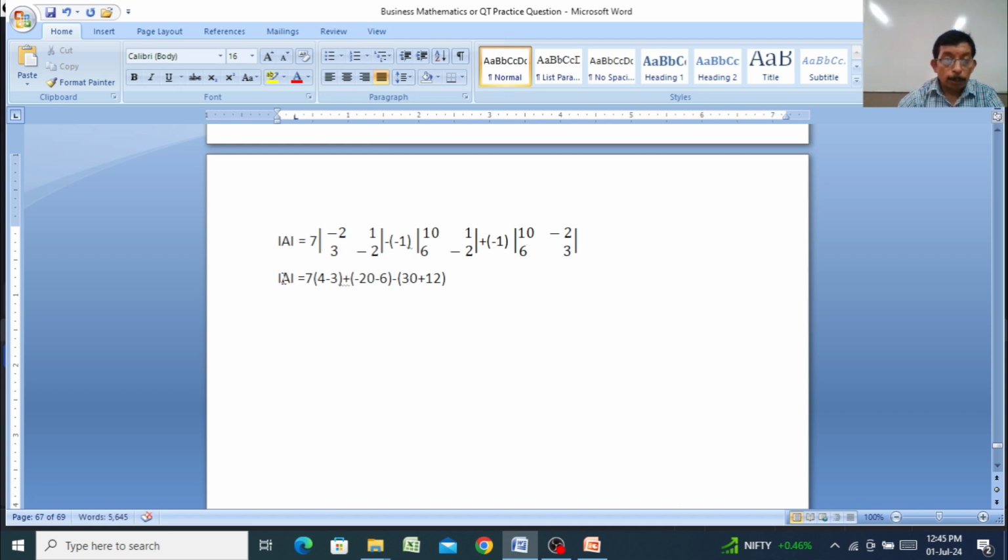Now simplify. Then the value of the determinant is 7. 14 minus 3, that is 7. The value is 7. Minus 26. 30 plus 12 is 42, minus 42.